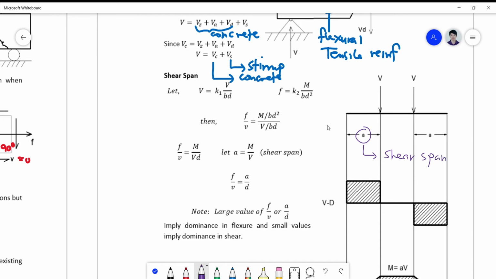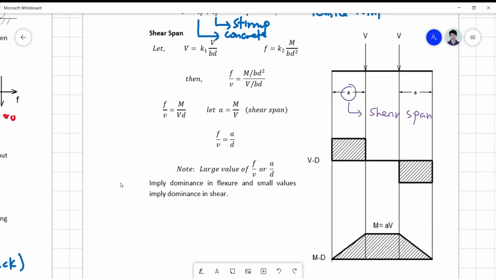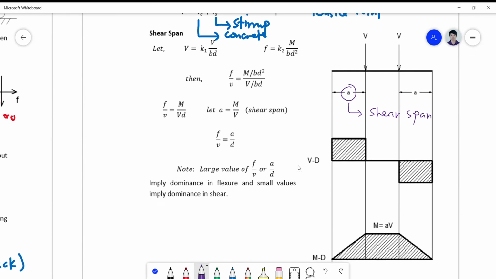So if I have here a beam which is simply supported, sorry for the drawing, this must have a support here, a reaction here. My shear and moment diagram will simply look like this. Your reaction here will be V, and your reaction here will also be V. So the summation of vertical forces will be equal, 2V is equal to 2V.